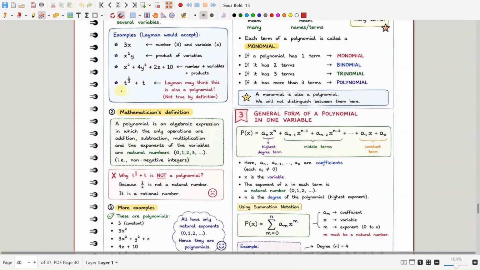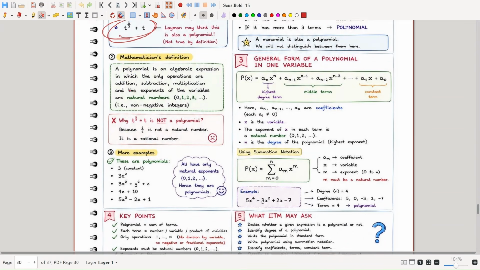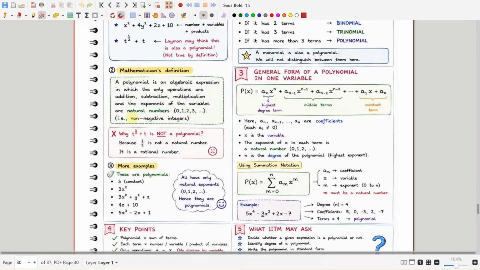According to a layman, this was a polynomial, but by the proper definition, this is not true. Now let us see why it is not truly a polynomial. Whenever we take a root of something, the exponent will not be a natural number. 1 by 2 is not a natural number. It is a rational number, right? And we just saw that only the exponents will be natural numbers.